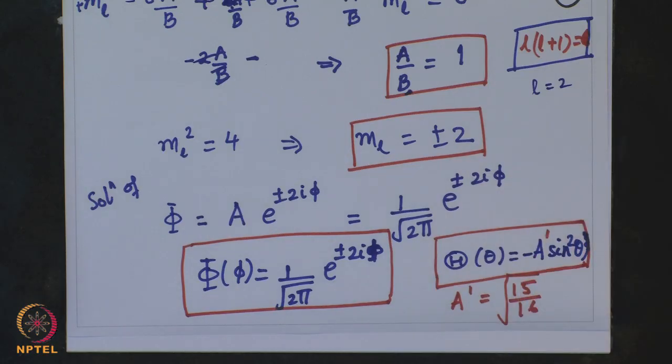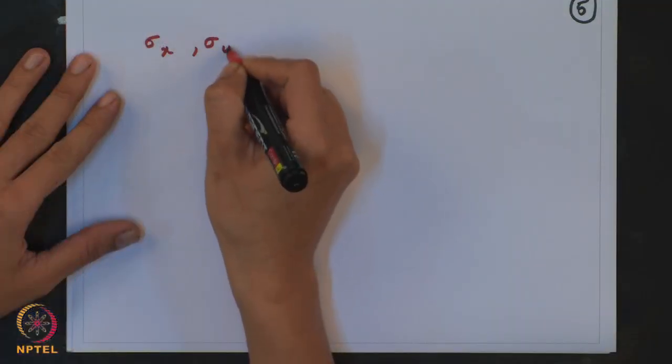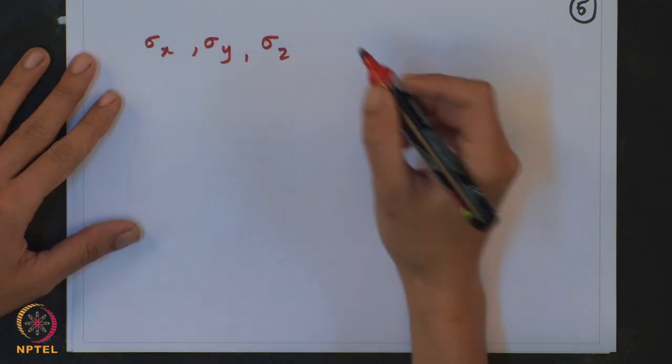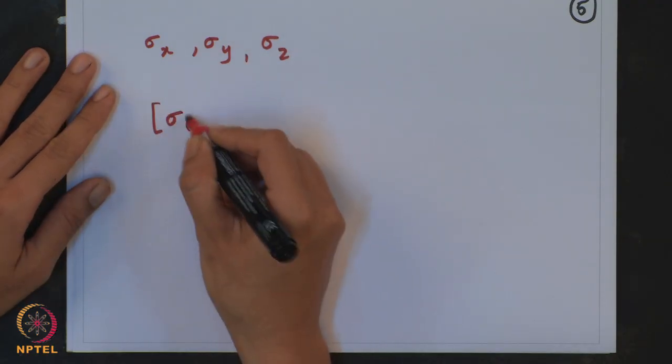Now, let us go to the next exercise. Next exercise is you have to find out some relations of Pauli spin matrices. Pauli matrices, as you have already seen, follow certain relations. You know sigma x, sigma y and sigma z are Pauli spin matrices, and you know the properties of Pauli spin matrices.